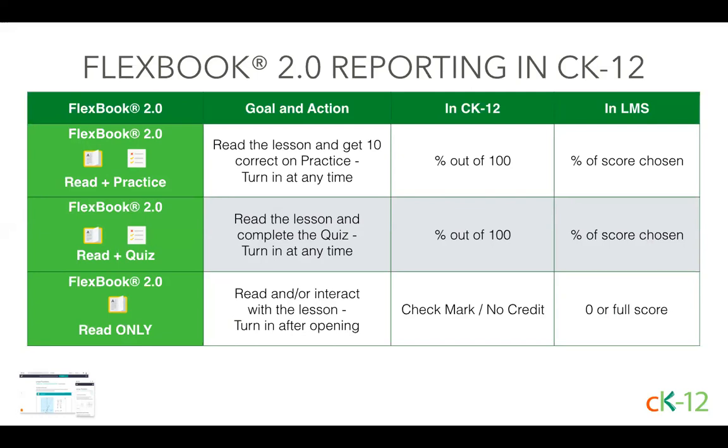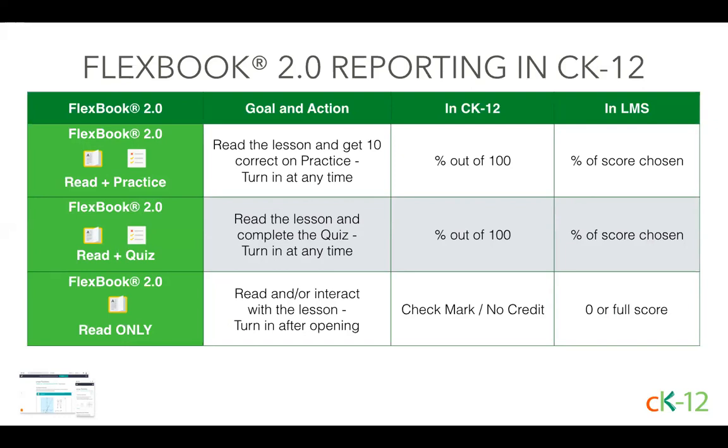So if you assign our new Flexbook 2.0 lessons, as soon as those are available this summer, then it will assign the text and any included pieces in there, but it won't give a score for any of that learning modality. It will just give a score for the attached practice, or it will just give a score for the attached quiz. Practice is based on a goal of getting 10 correct.